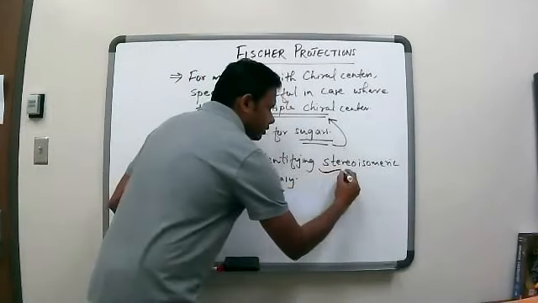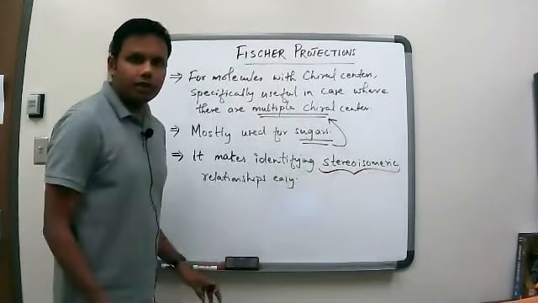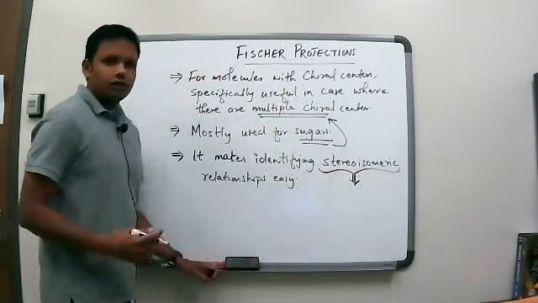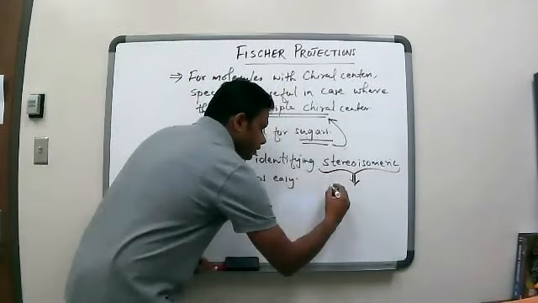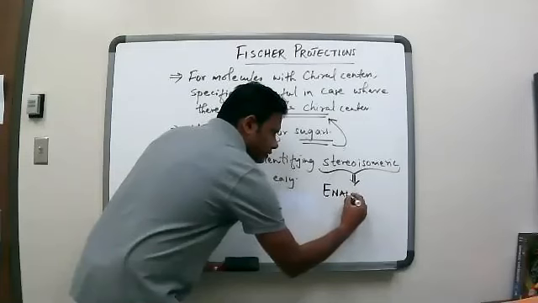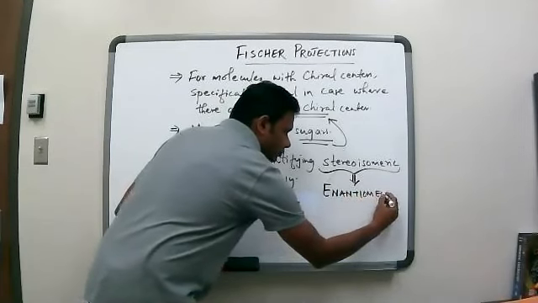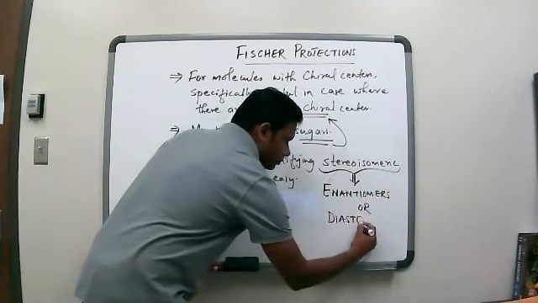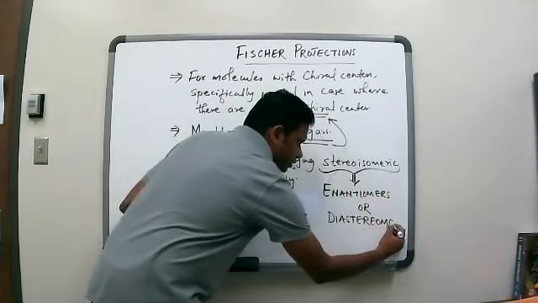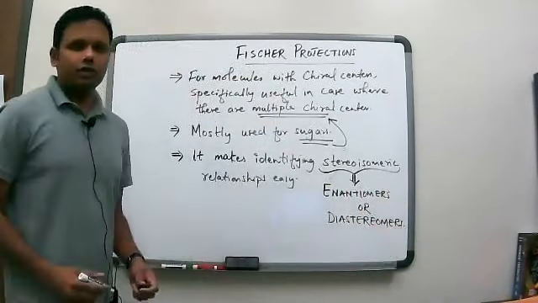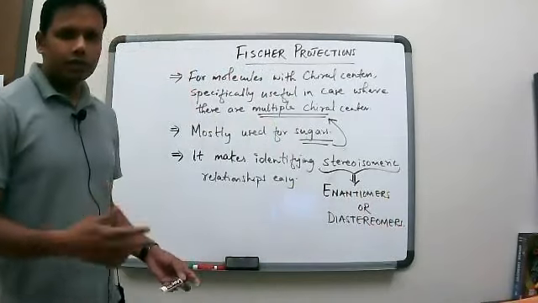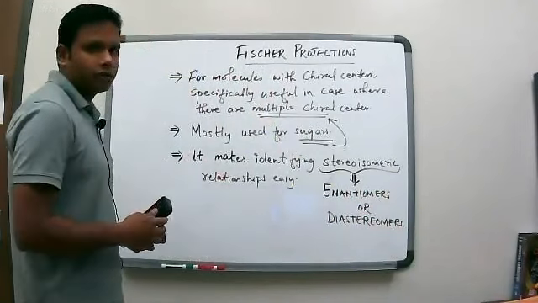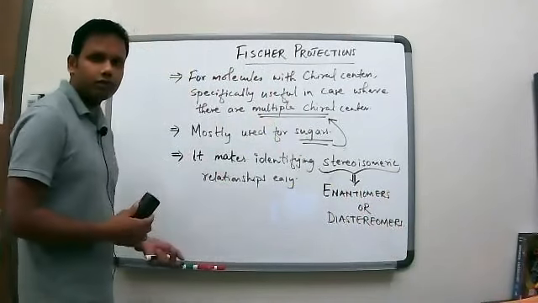Now, when we are saying stereoisomeric relationship, in chapter 5, we've talked about 2 stereoisomeric relationships so far. These are enantiomers or diastereomers. So Fischer projections actually make it easy to identify these stereoisomeric relationships. That's one good thing about Fischer projections.